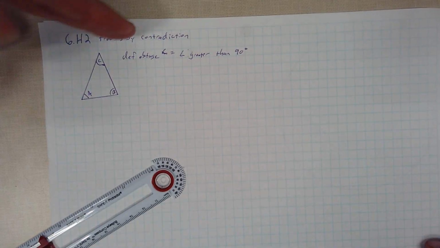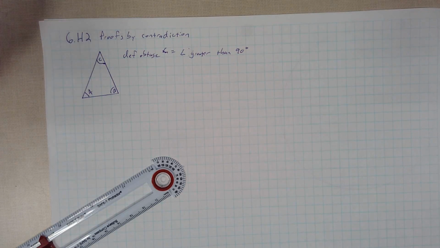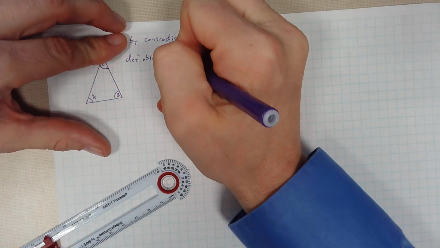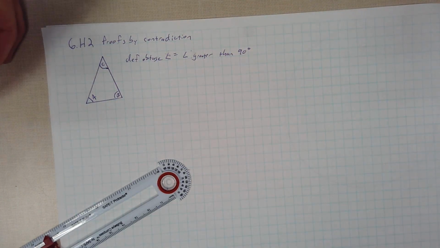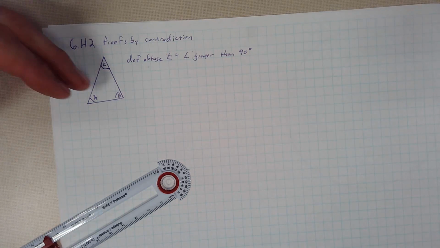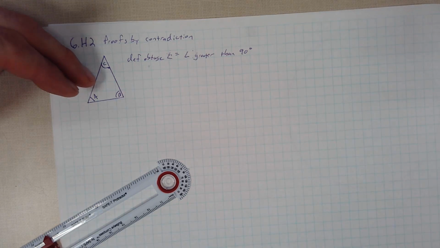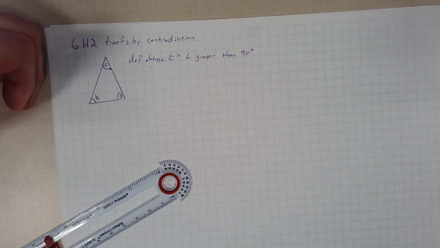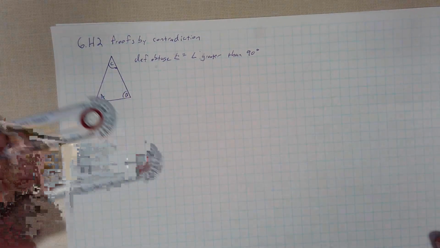And I'm like, you agree with that definition? And they're like, yeah, that is definitely what an obtuse angle is. I'm like, okay, are you sure you can still have two angles in a triangle greater than 90 degrees? And he's like, yeah. I'm like, okay, well, let's keep going with this.